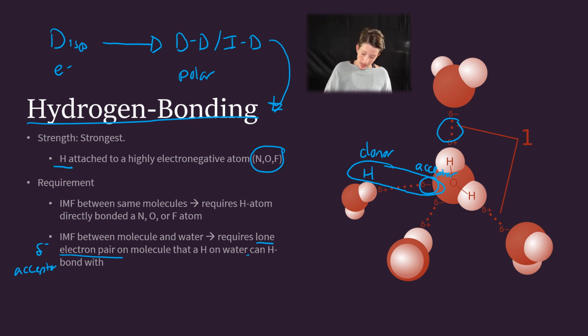And then you need to have a molecule, like water or NH3 or HF, that has that hydrogen bonded to one of those three elements. An example would be if we have our water, which has its very strong slight positives and slight negatives, and let's say we have formaldehyde. This oxygen on formaldehyde has lone electron pairs, so it can act as a hydrogen bond acceptor.